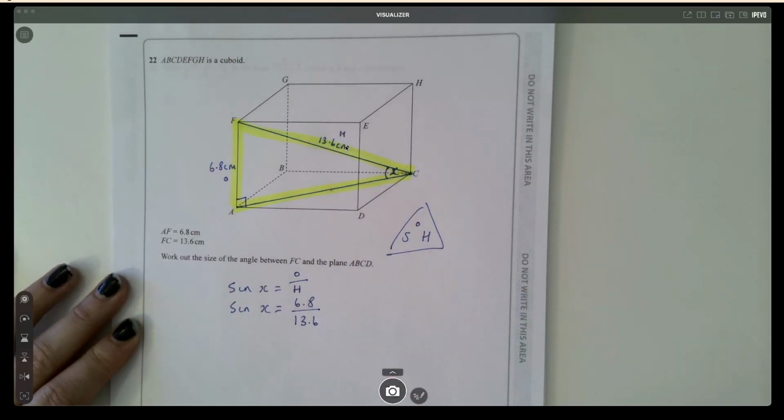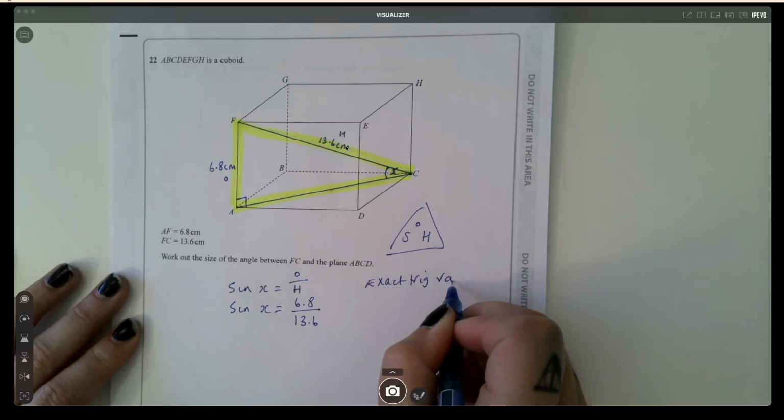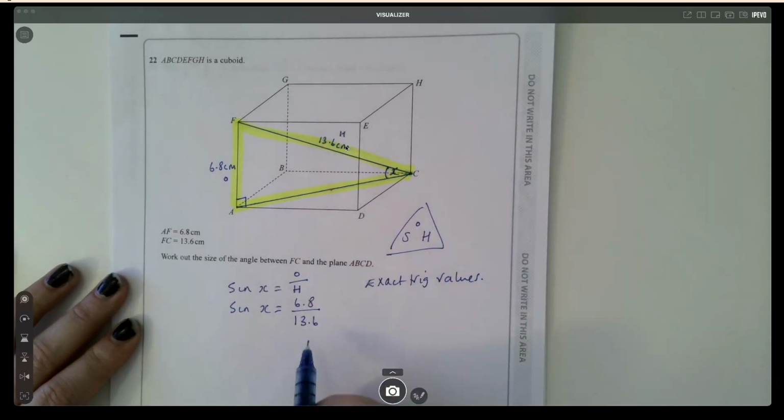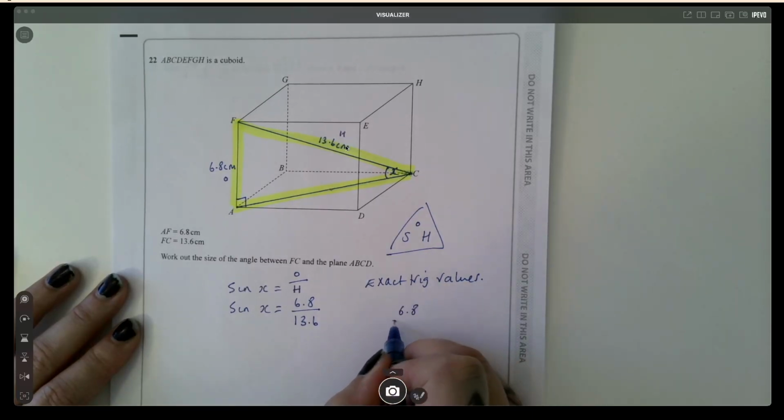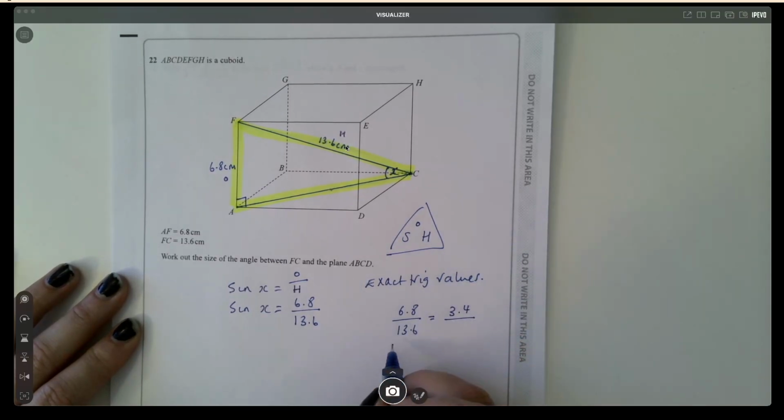Now the thing here is that we don't have a calculator. This is a non-calculator paper, so we're going to have to work with exact trig values to find that angle. So I want to simplify this fraction and see what value it gives me. If I simplify 6.8 over 13.6, let's divide by 2. 13.6 divided by 2 is 6.8.